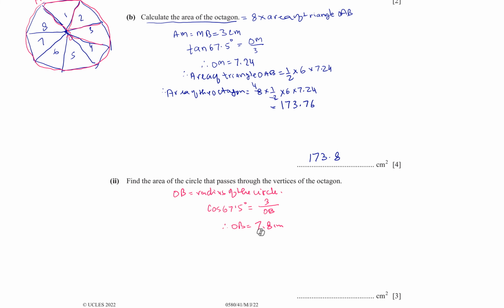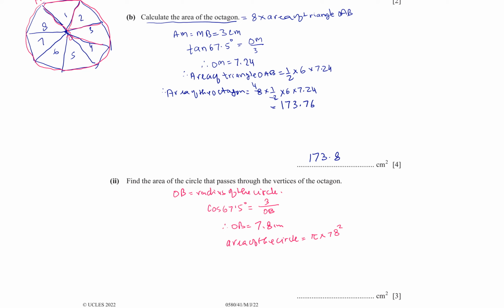Hence the area of the circle would be pi times r square. So 7.8 square times 3.142, that's 191.